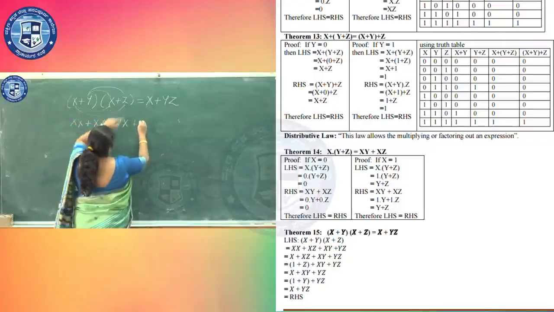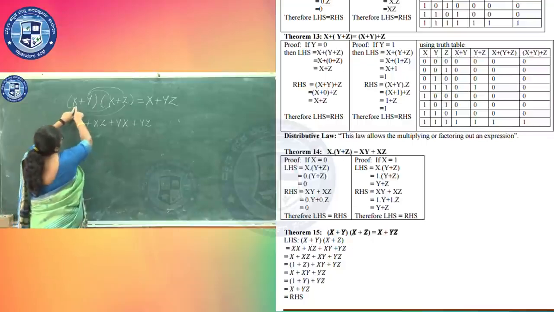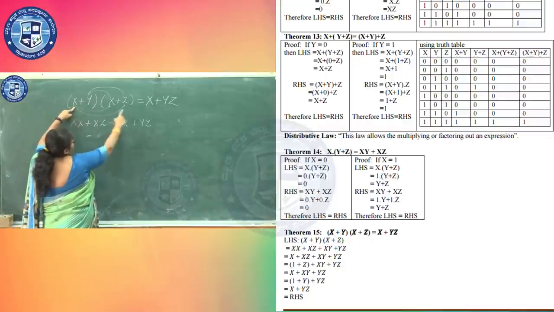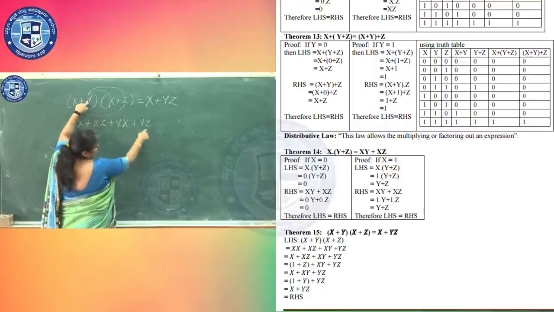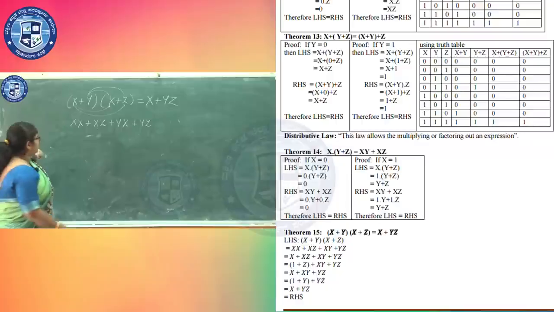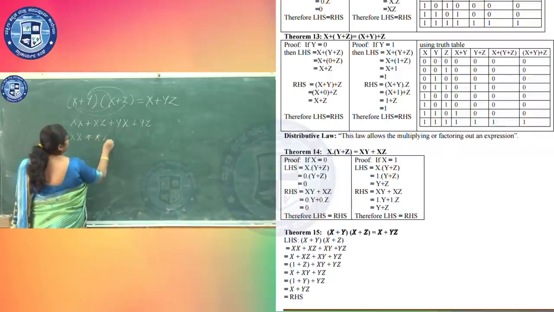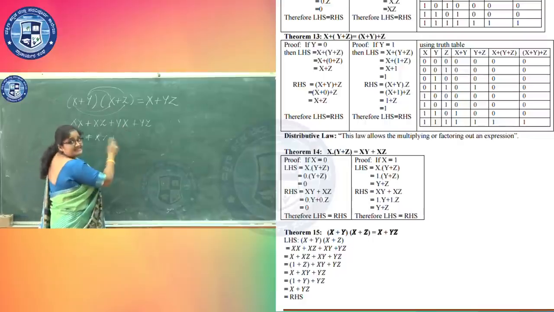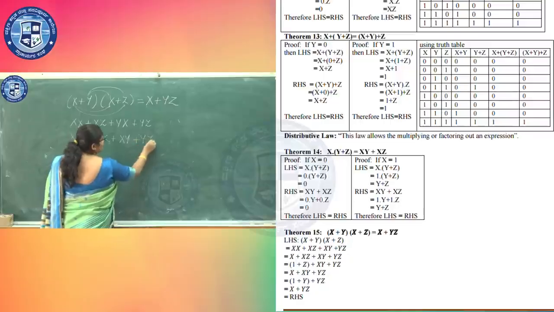Once we multiplied x into x, x into z, we got y into x and y into z. So let us rearrange it properly. x plus xz plus yx, I can write it as xy plus yz.